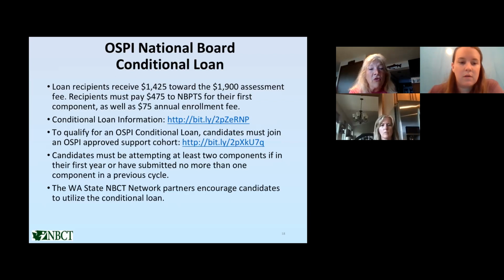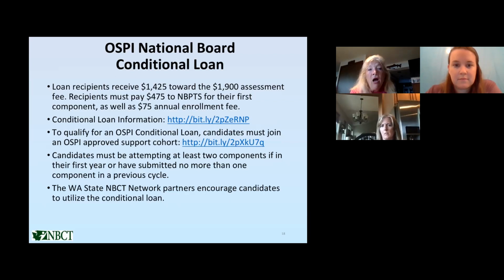So in order to receive that, you have to join an OSPI approved cohort. And the reason they do this is because the success rate of candidates in a cohort is more like 50 to 60%, based on the national rate, which is about 20-some%.